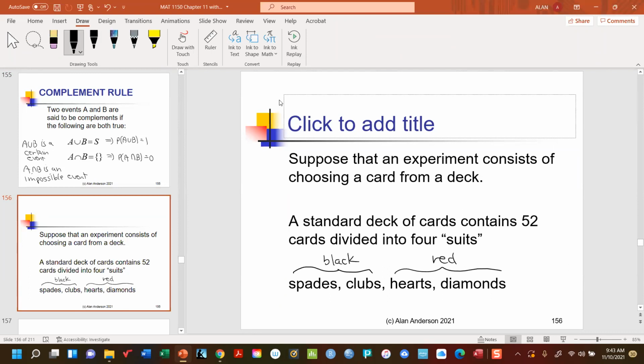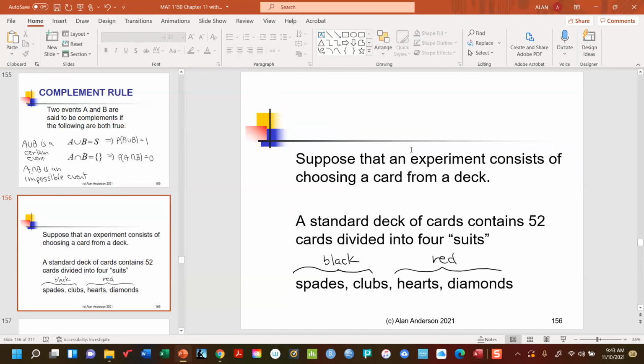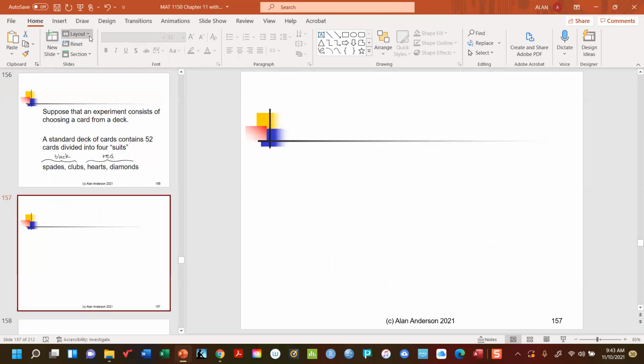There's 13 cards within each suit. Now, we don't really need that information for this particular example, but it may come up later on in some of the problem sets. So we can take each suit and break it down into 13 cards.